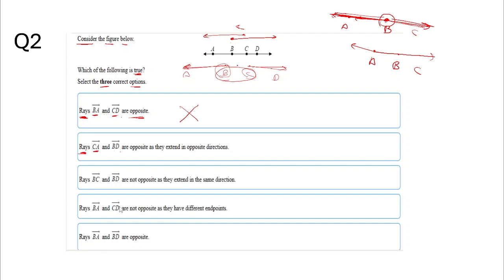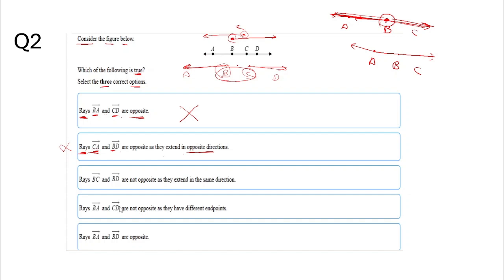Yes, they are opposite as they extend in opposite directions, but again, they don't have the same endpoint. The endpoint for CA is C, and the endpoint for BD is B, so I cannot say they are opposite.